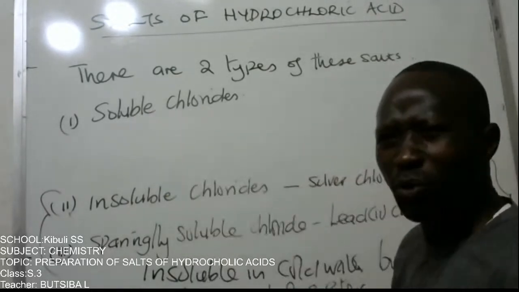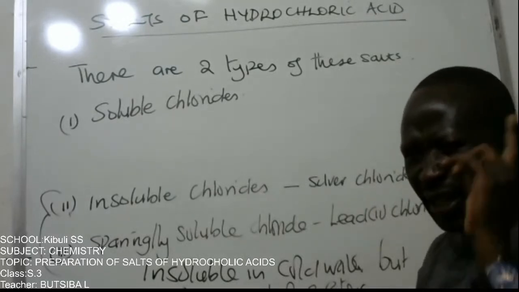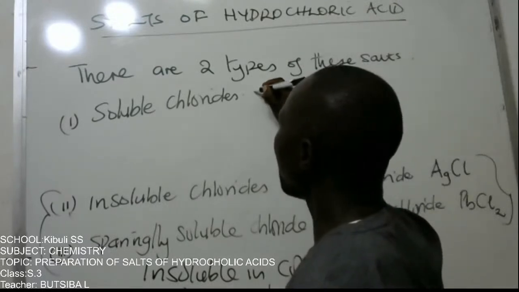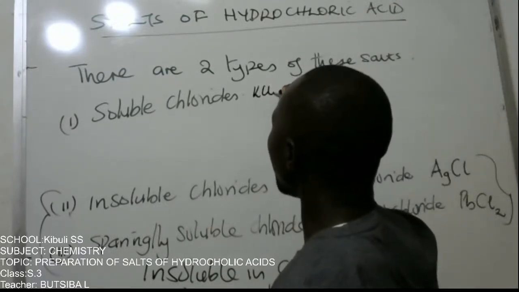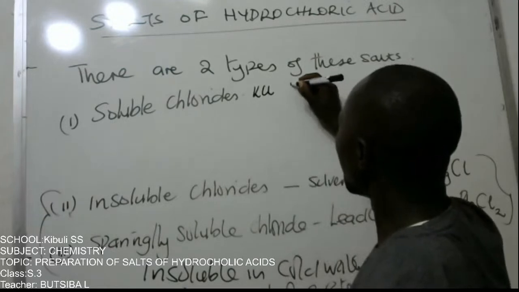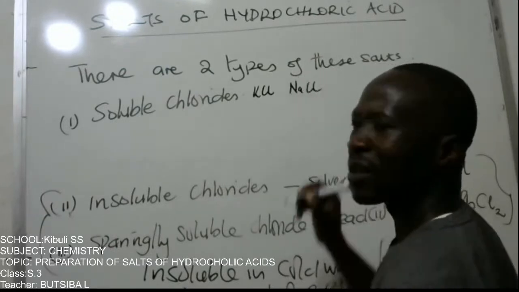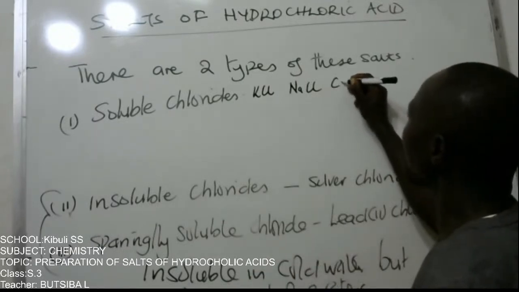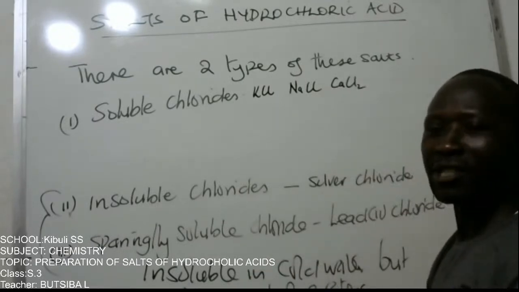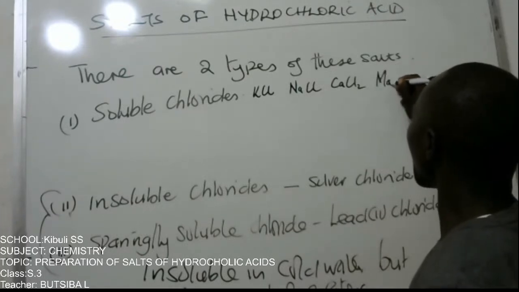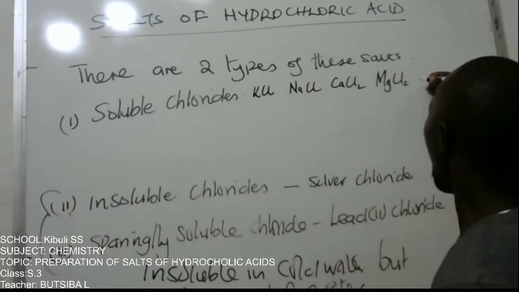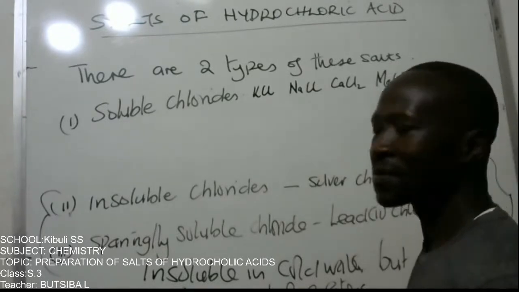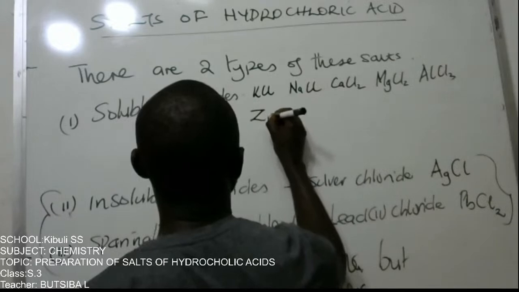So let's look at typical examples. Let us follow the reactivity series. On top, we have potassium chloride, followed by sodium chloride, followed by calcium chloride. After calcium, magnesium chloride. After magnesium chloride, aluminium chloride. After aluminium chloride, there is zinc chloride.